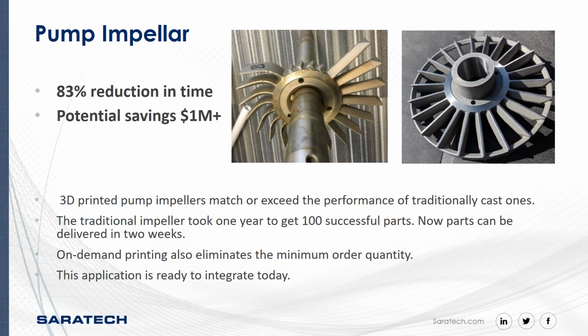The pump impeller is an example I really like because it's a little different from the other two, in that the impeller in this case actually costs more to 3D print. But you're getting an 83% reduction in time as well as a potential savings in the millions. The reason is that with the original one, whenever it failed, it could potentially take an entire plant down.